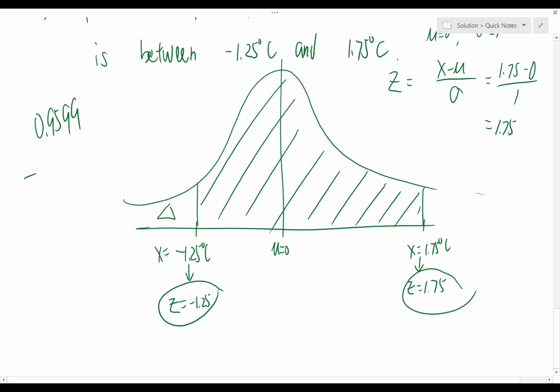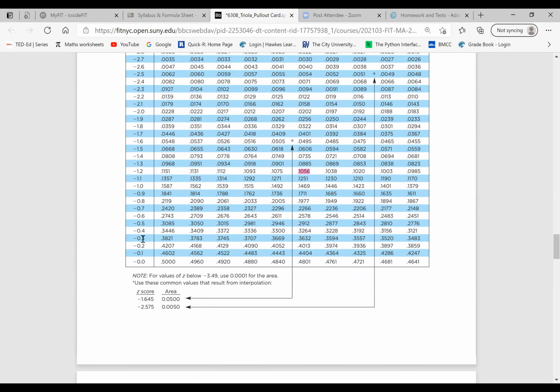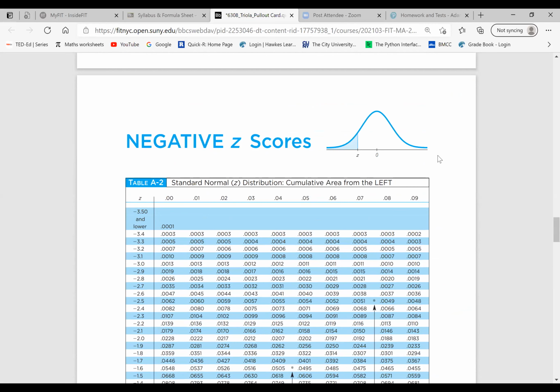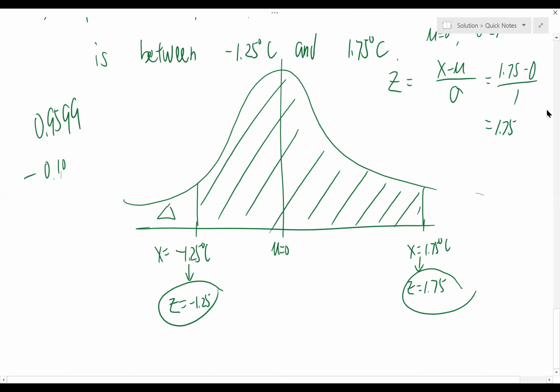And then the area to the left-hand side of the z-score of negative 1.25, it's 0.1056. And double check. Yeah, 1056. Right. This only captured the area to the left-hand side of that z-score. If you go back here, it only captures the triangle area.